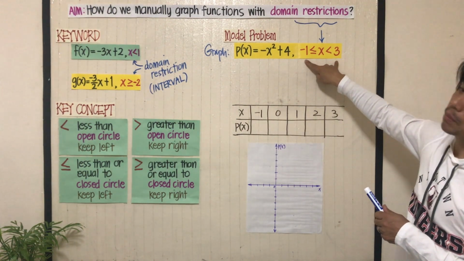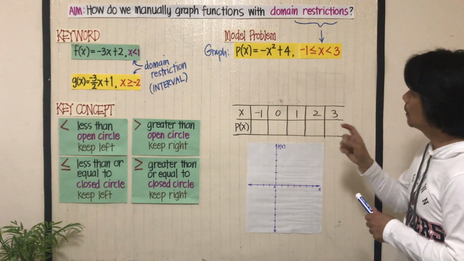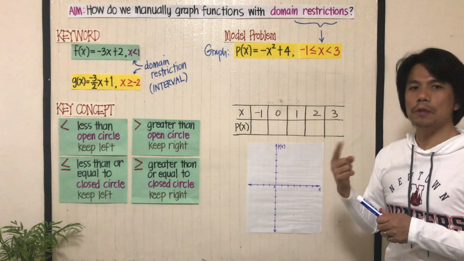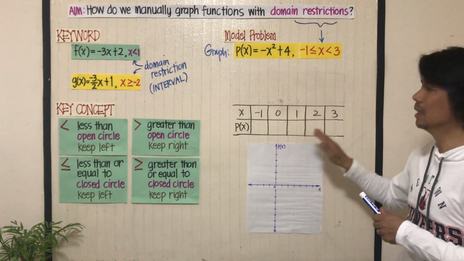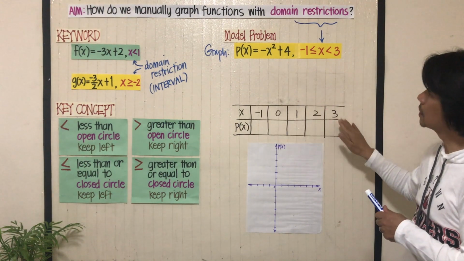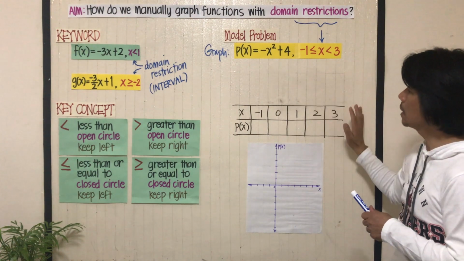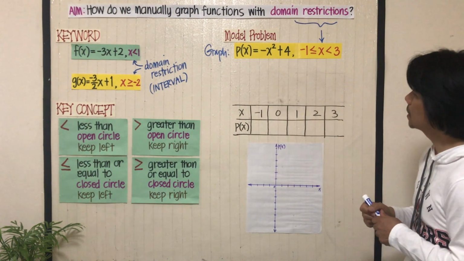I took these numbers from the restrictions. As I mentioned in the first part of this lesson, it's always easier to use the positive values of x to substitute, so that's the easiest way to complete this table.